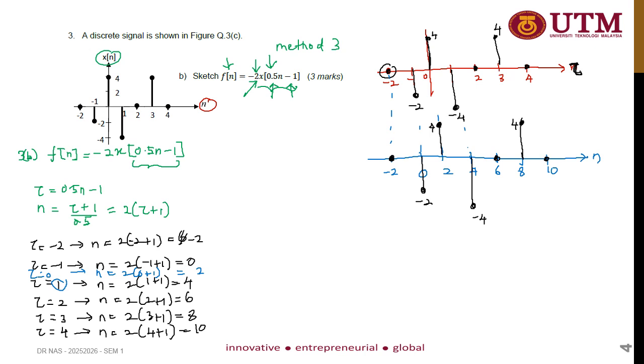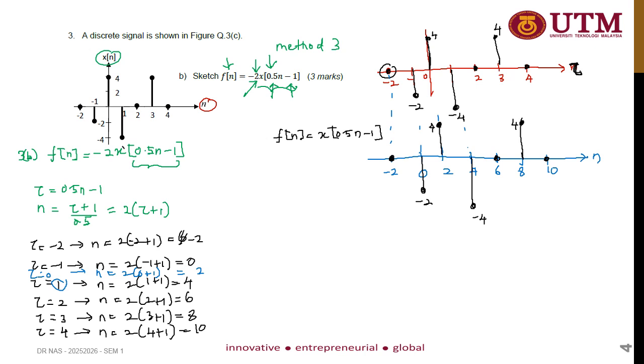Now this is the function for the one in the bracket, f(n) equals x(0.5n minus 1).